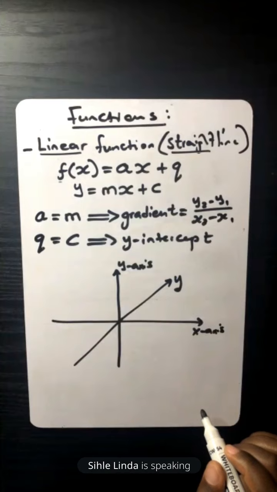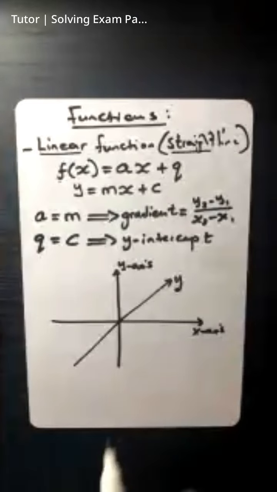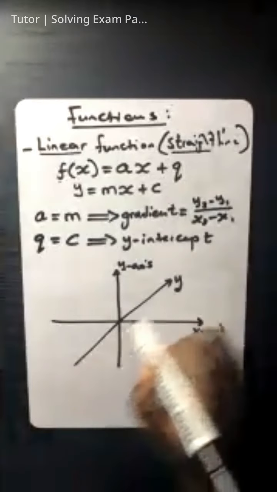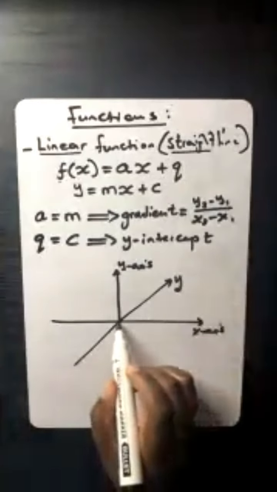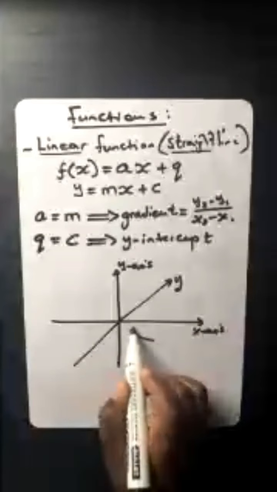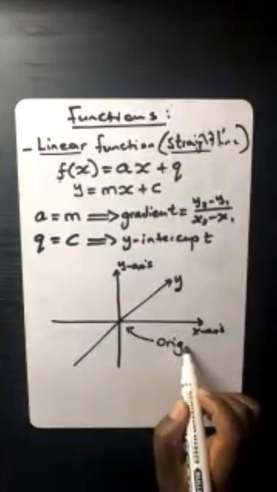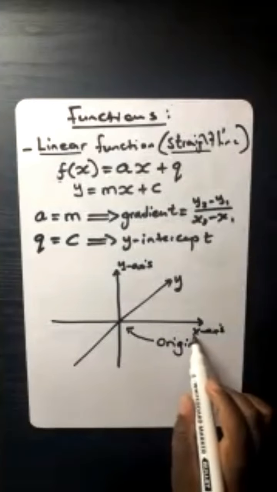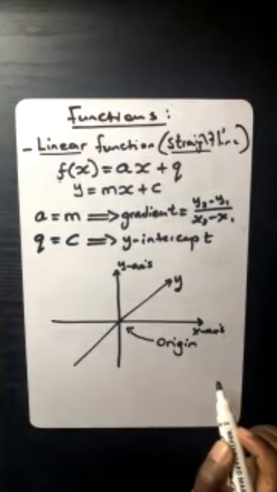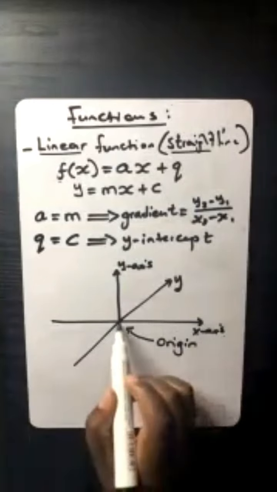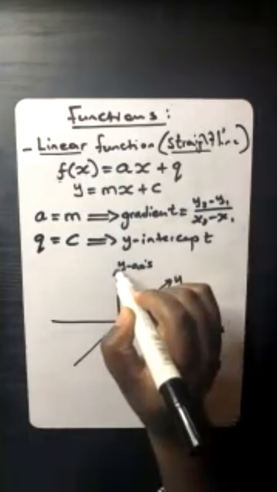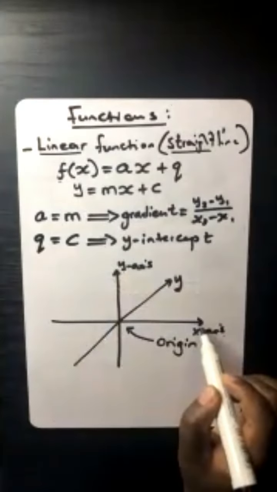X-axis, sir. Okay, so remember guys, whenever your straight line graph passes through that point, we say it passes through the origin. This is what we call the origin, not only the x-axis, whoever commented, because at that point the y-axis and the x-axis intersect.